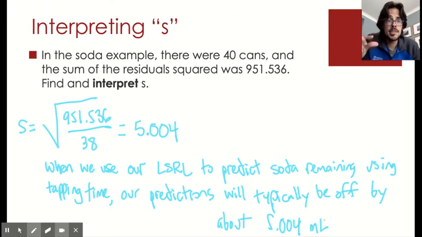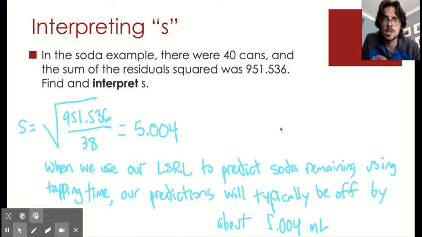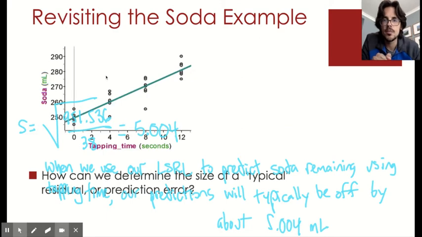Some of our cans, if I were to go back to that, I'll go back real fast. So if you're still writing this, you can pause me. But if we look at our line of best fit from earlier on, some of our cans are going to be off by more than 5, like 6 or 7 off. Some are off by less, some are dead on. If you average all those distances together, on average, those points are about 5 away from the line of best fit.